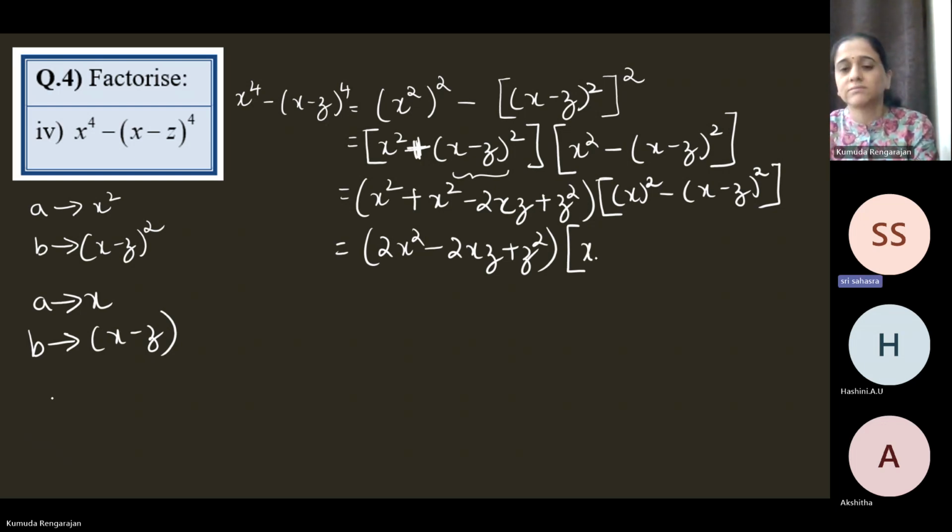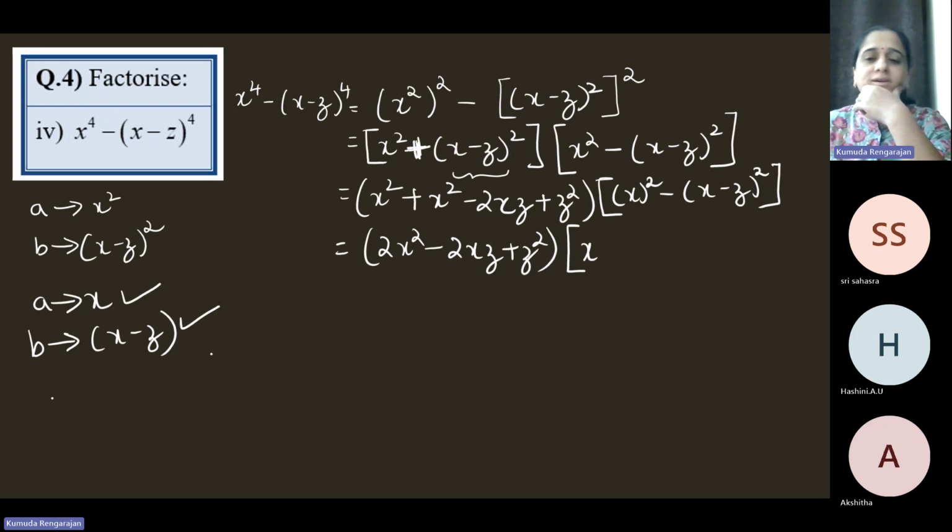That's of the form a squared minus b squared, so you should write a plus b into a minus b. That's why you've identified a and b.